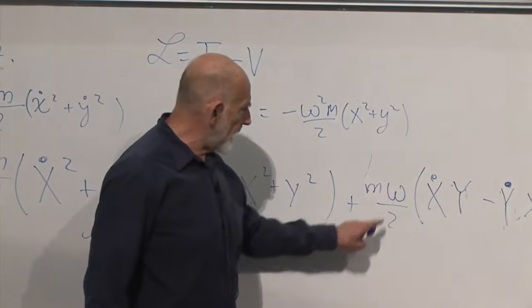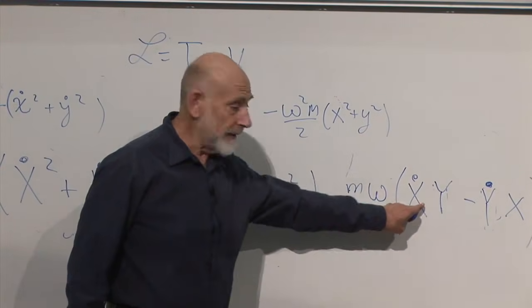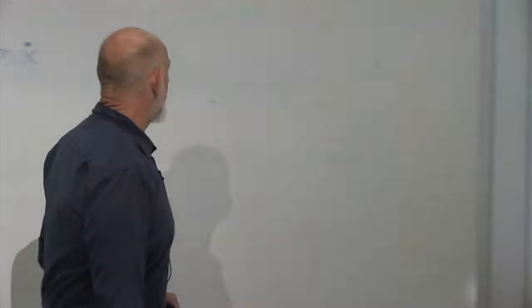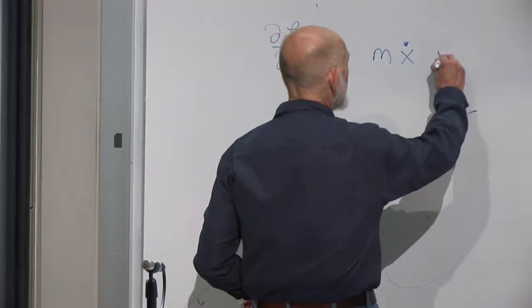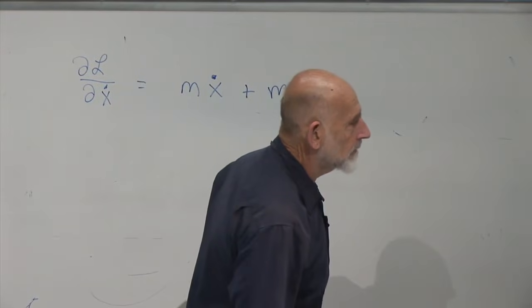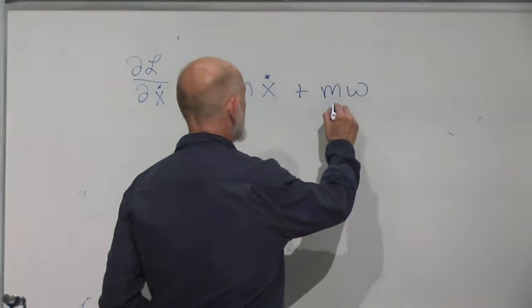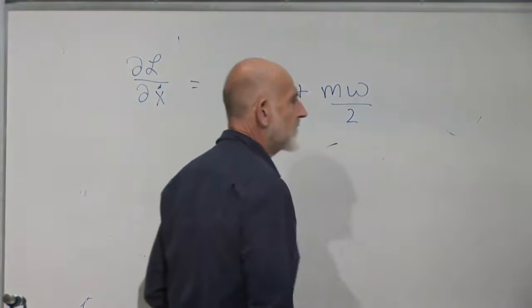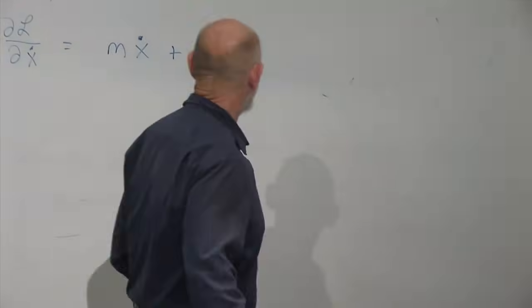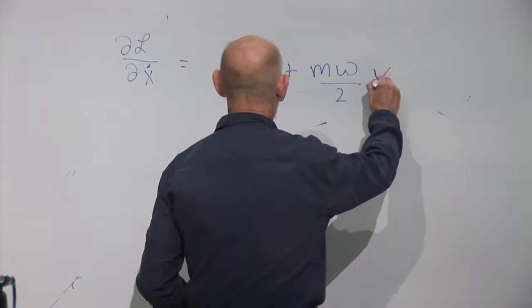It's m omega over 2 times y, the derivative of L with respect to x dot. So let's add that in, plus m omega over 2 times y, right? Did I get that right?